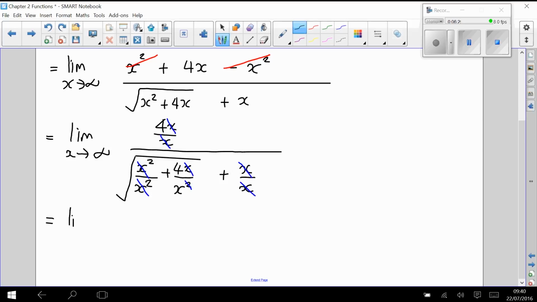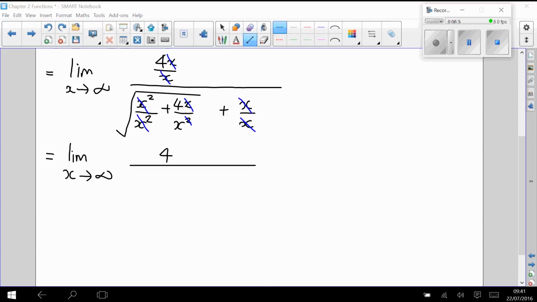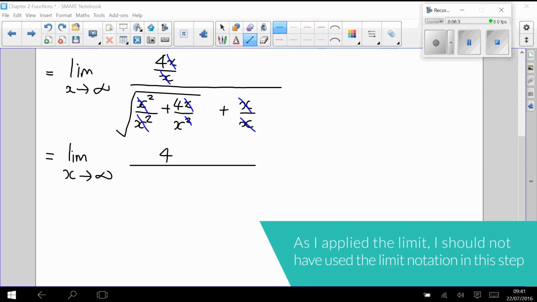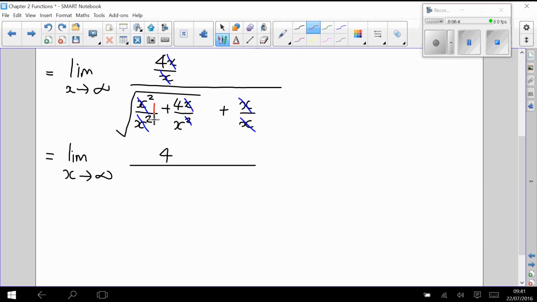In other words, if I write this now in simplified form, I'm going to get the following. In my numerator, I have just 4. In my denominator, I'm going to have the root of 1, and this is this number over here, plus 4 all over x. But as that tends to 0, I'm not going to write that down.